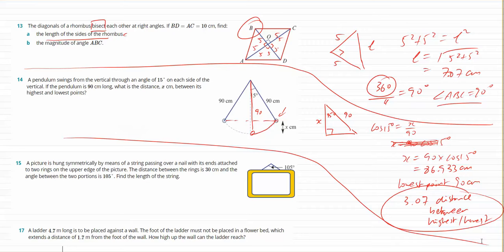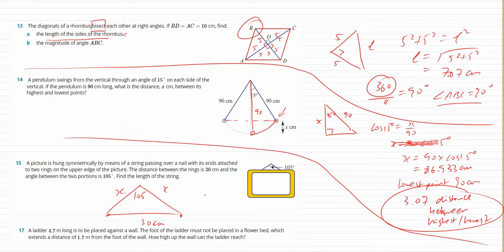So the distance between the two rings is 30 centimeters, and the angle at the nail is 105. I'm assuming the rings are here, 30 centimeters apart. We want to find the length of the string, so we want to find x and x.